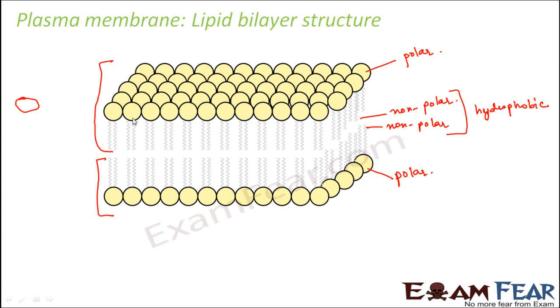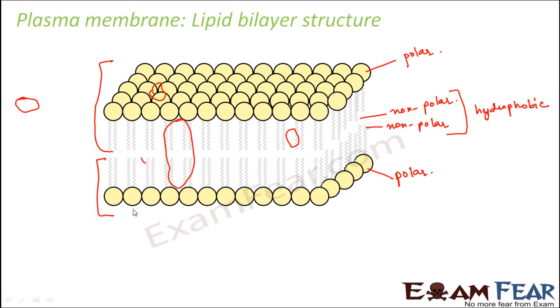Now, where are the proteins? Because I also told that there are proteins embedded here and there. So, where do we have proteins? When you actually look at the structure, you have proteins embedded, maybe here, or maybe here. So, the proteins can also be of two types here.